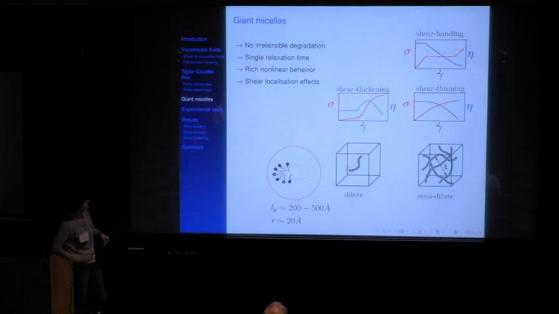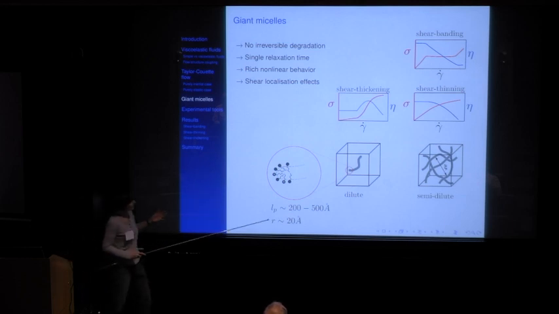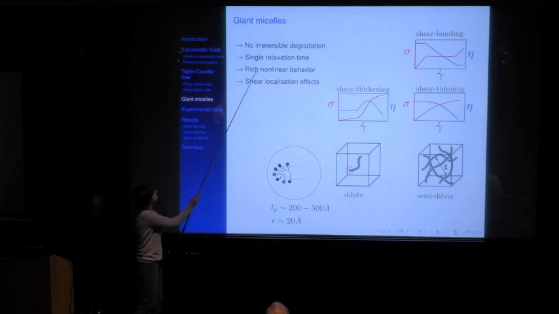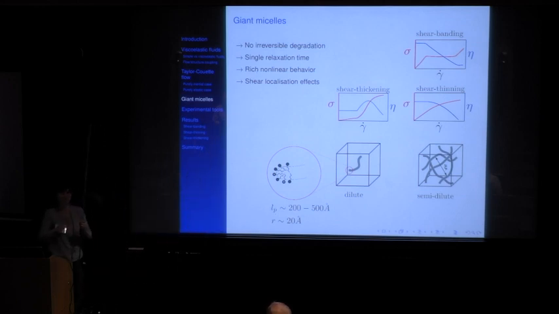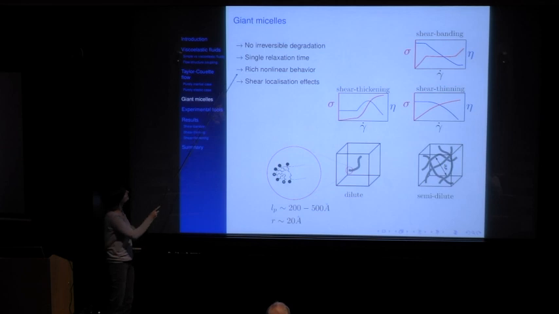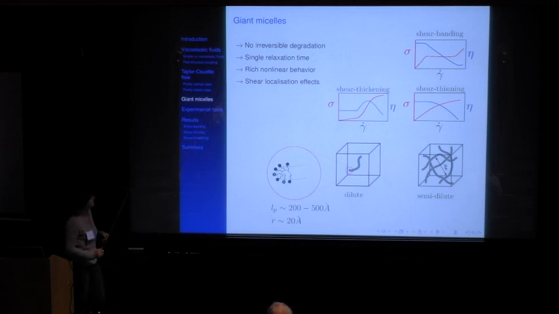And so in most cases, in a large range of concentration, they exhibit a single relaxation time. And in contrast to polymers, they have the ability to break and recombine continuously under the effect of the temperature. So that makes them insensitive to irreversible mechanical degradation, especially in disordered flow regime.